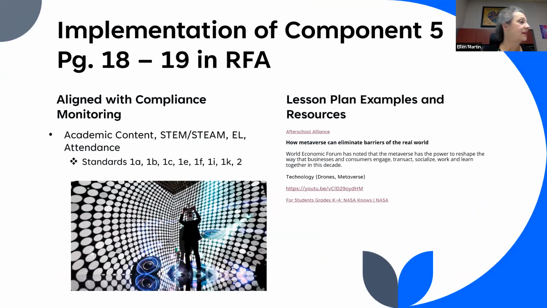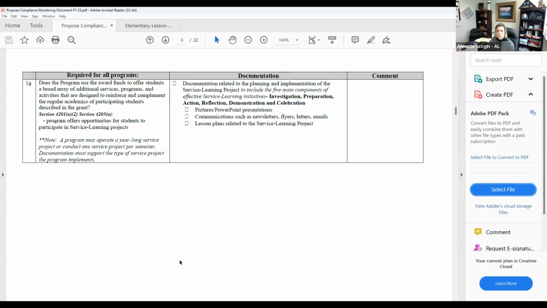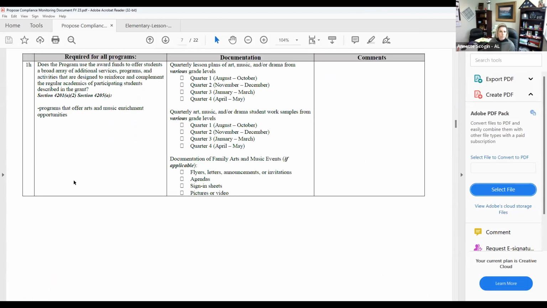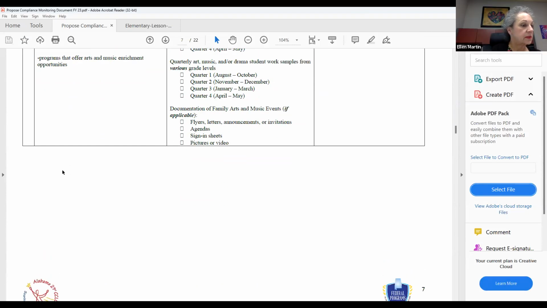I don't think so. Hang on. I think that's going to be, let me find. The 1A, B, C, they're pretty common in each one of the components. I think you covered 1E, 1F. We didn't get to 2. Okay, let me find where 2 is.